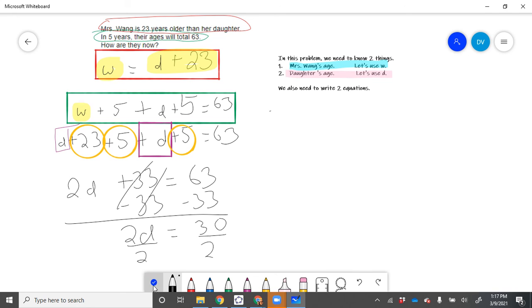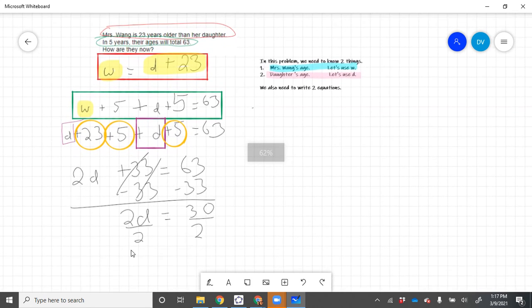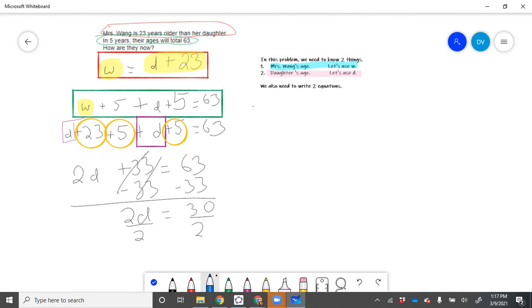Divide by 2, D is equal to 15. Okay, and again, I'm going to make that into pink. D is 15. So I'm going to go ahead and write that equation again. W is equal to D plus 23.